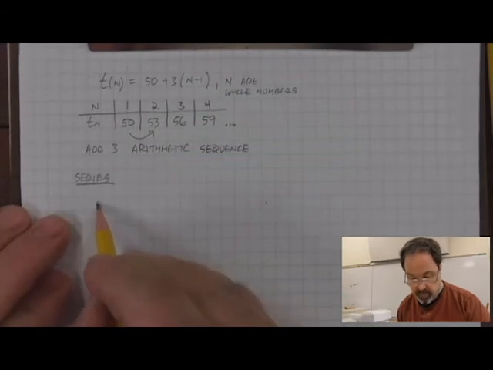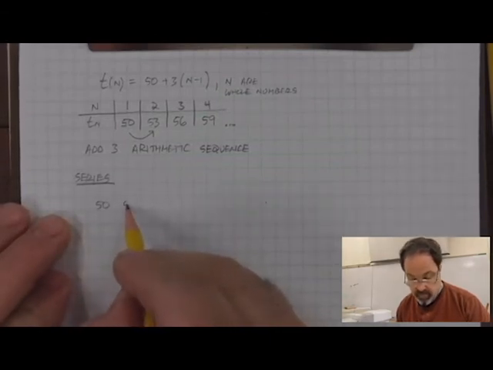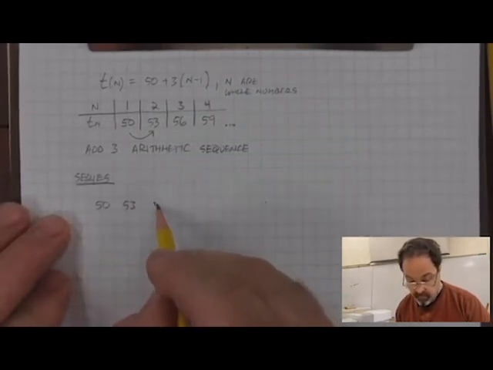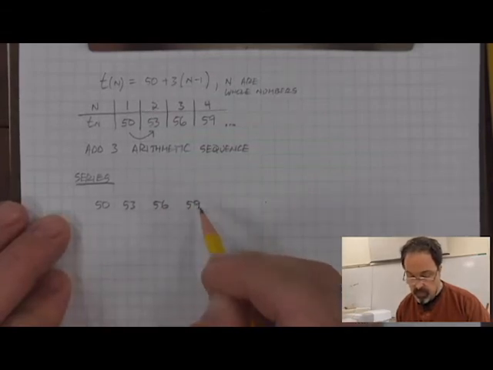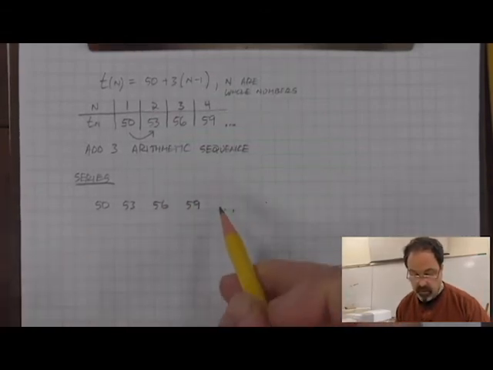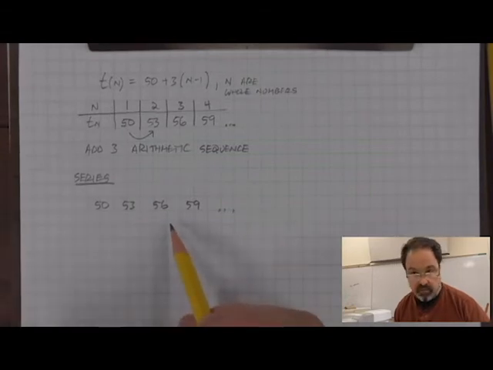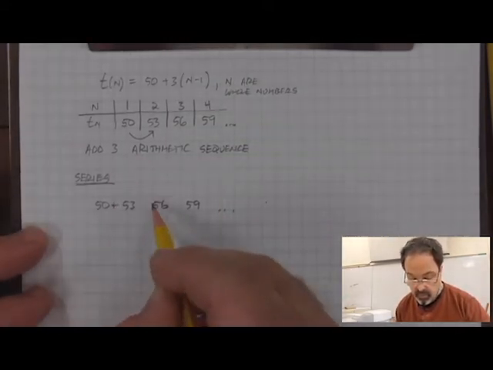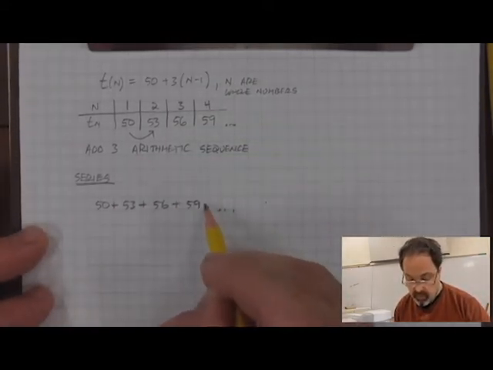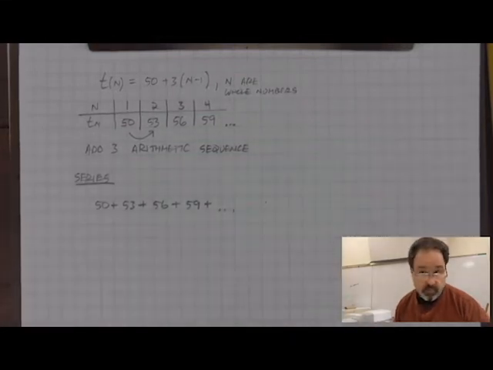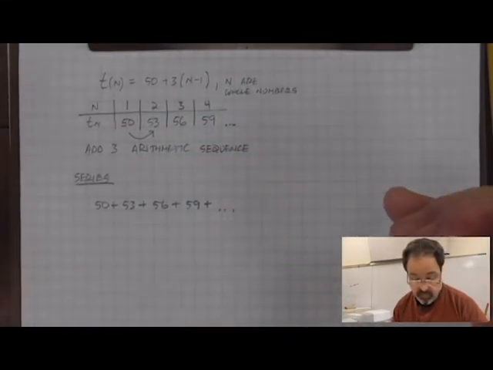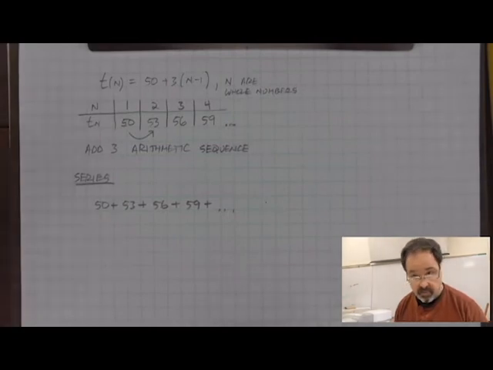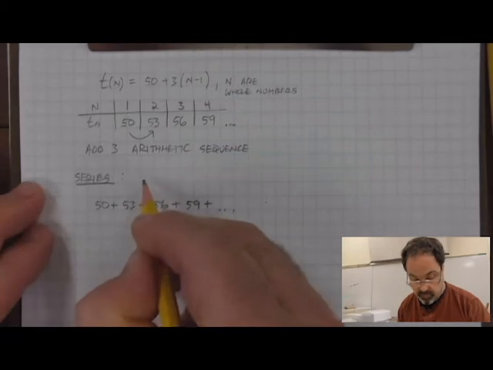We still have the same sequence in the same order, and this continues, but instead of commas in between the term values to separate them, make them a list, we're going to put addition. And in doing so, we've turned the sequence into a series. A series is the sum of a sequence. A simple change.